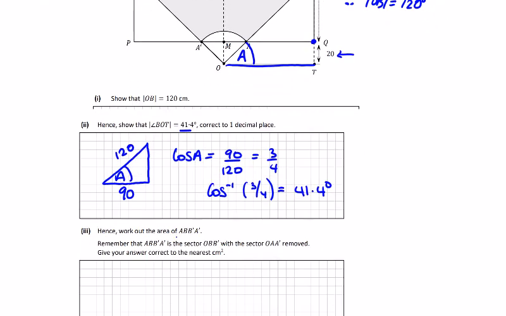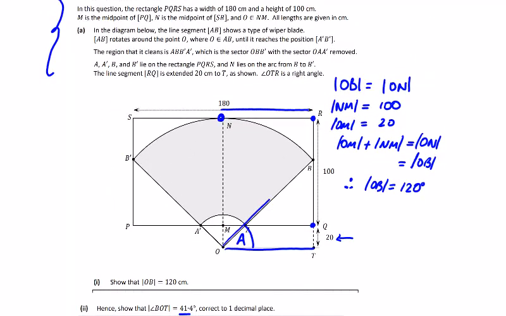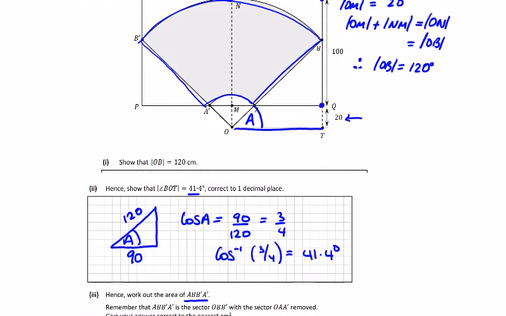Then we're asked to work out the area of what looks like ABB'A'. A, B, B prime, A prime. So actually just to here, not this little bit here. So it's the big arc, take away the small arc. So we need to know this angle in here.